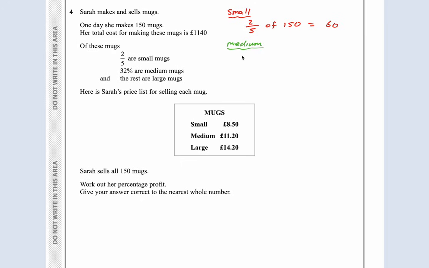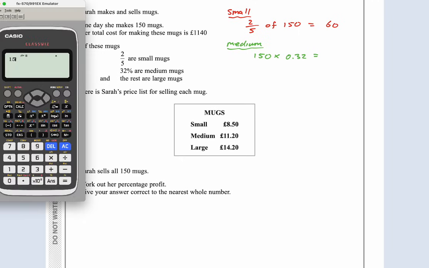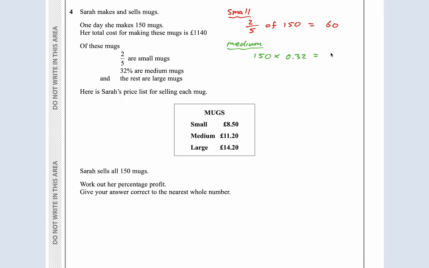32% of 150. Now I'm going to do 150 times 0.32. That's how I get 32%. So 150 times 0.32 is 48, right? That's a nice number. And then the rest are large. So large has to be whatever's left out of 150.